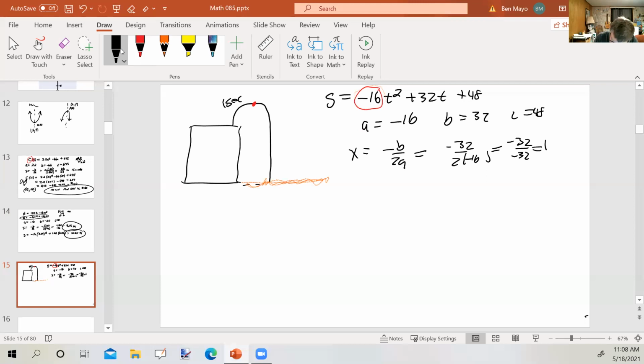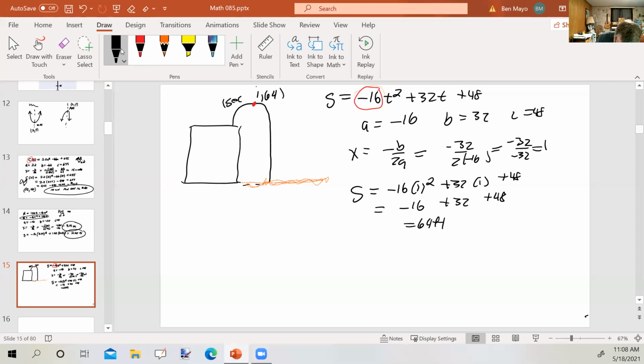We need that because now that maximum height is going to be when t is 1. So this is what, negative 16 plus 32 plus 48, which is 64 feet. So the vertex is at 1, 64. The maximum height is 64 feet, okay?